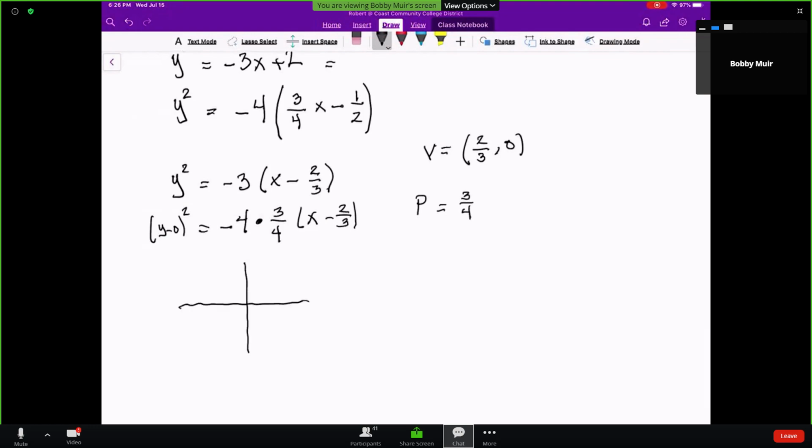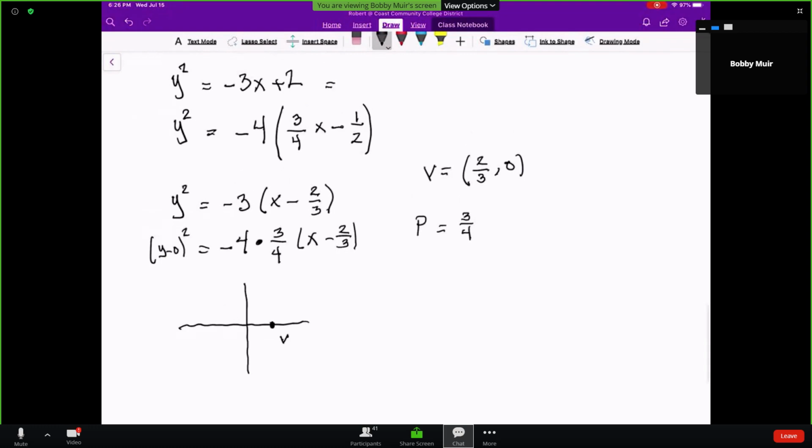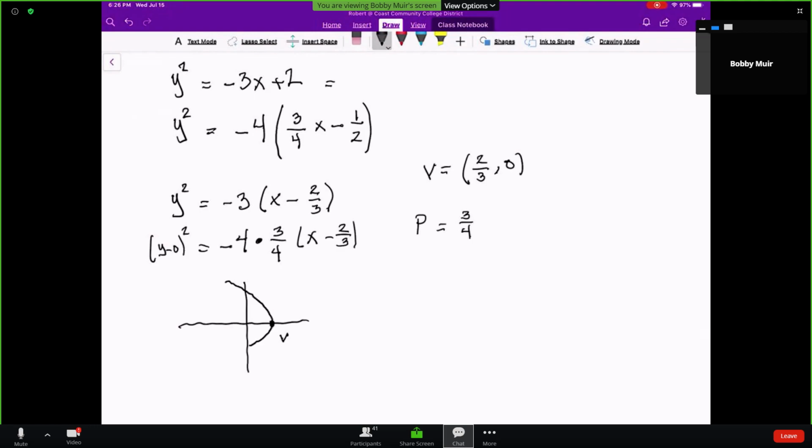do a visual illustration here. Here would be the vertex. And we know, because it's y squared equaling negative 4p whatever, that this is a sideways parabola that's going to open this way. The focus is always inside the parabola.